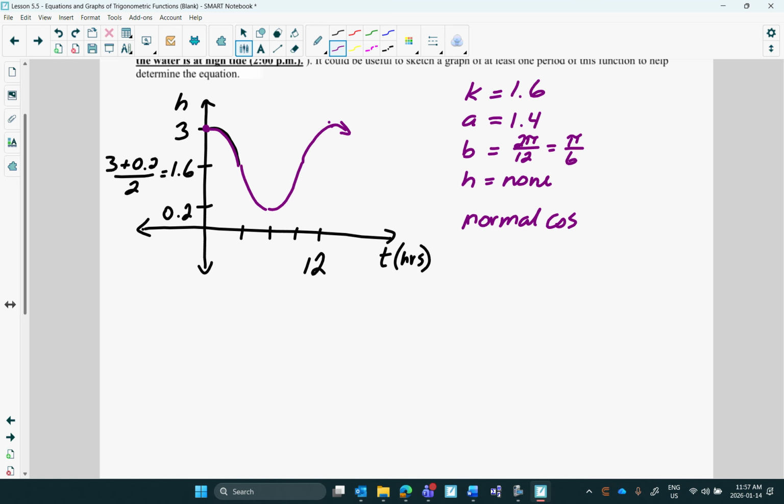So remember, instead of y, we're dealing with h equals a 1.4 cos, then b, which is pi over 6, times x, but in this case it's t. Nothing in parentheses because there's no shift, and then just plus the k value. And that's it.